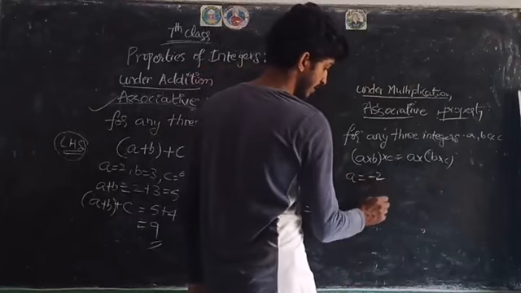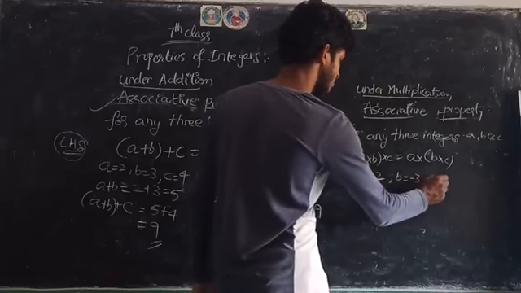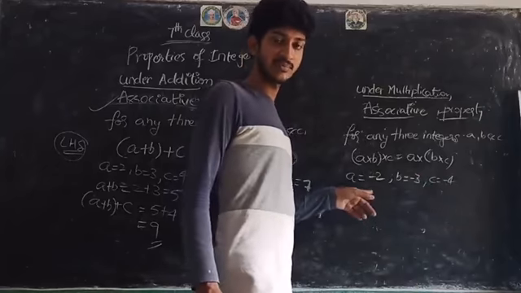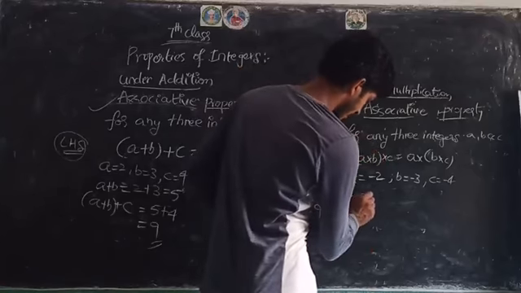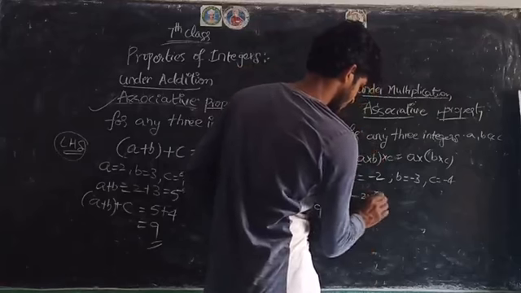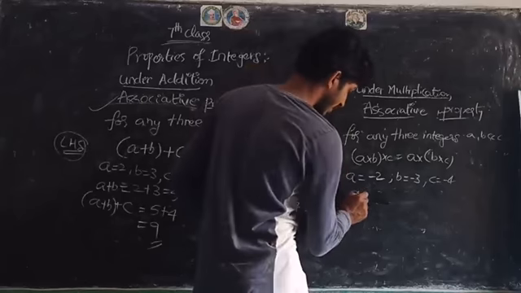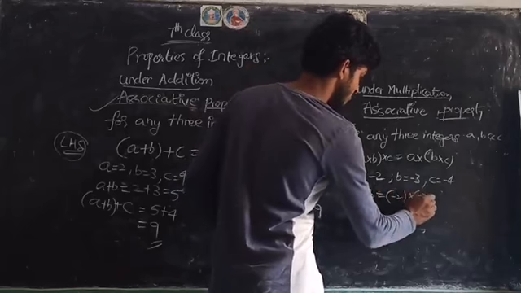a is equal to -2, b is equal to -3 and c is equal to -4. I am taking negative numbers here because negative numbers are also integers. First of all I am doing the left hand side, so a into b equal to -2 into -3.